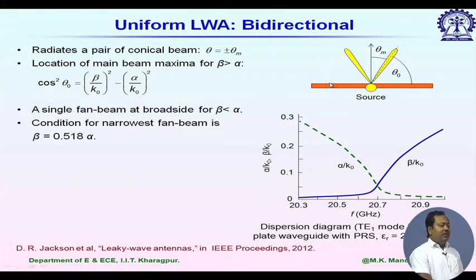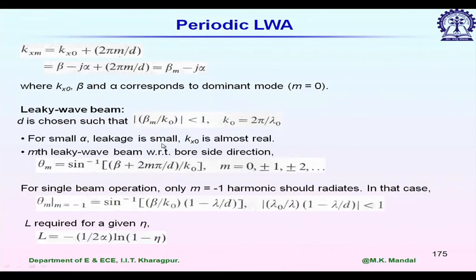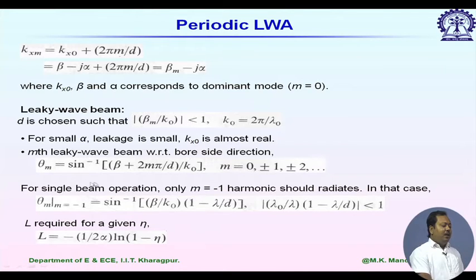The only difference is that we have a periodic structure here instead of a uniform structure. In that case, theta m has a similar relationship, sin inverse of beta by k naught, but instead of beta we now have beta m, that means beta plus twice m pi by d, divided by k naught, where m can be 0, plus minus 1, plus minus 2, anything.